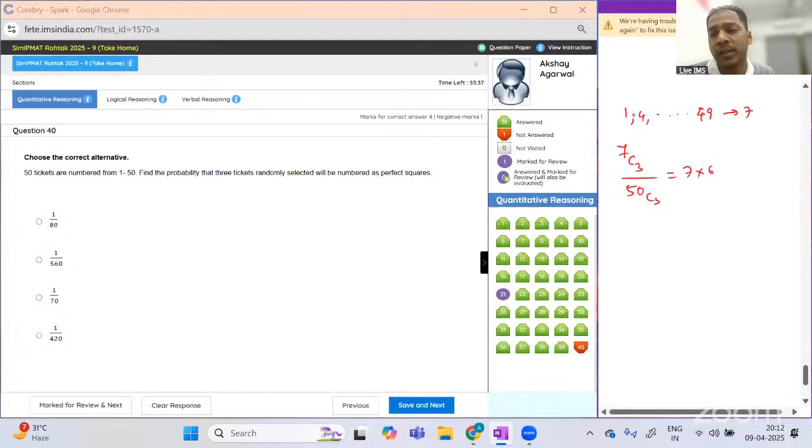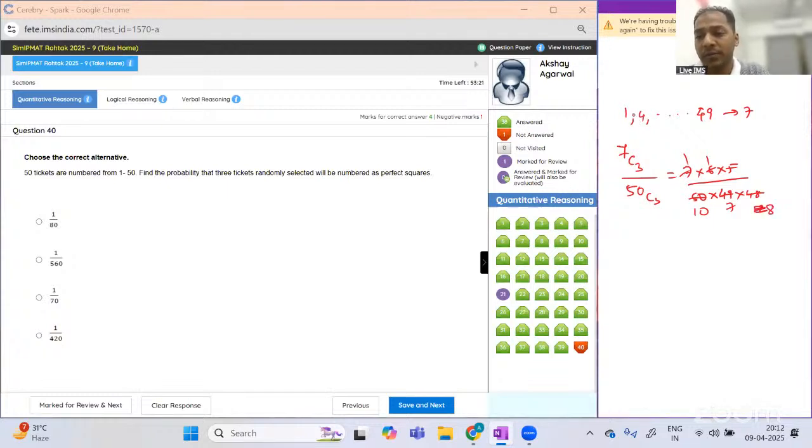That's 7 into 6 into 5, the 3 factorial from the denominator will get cancelled, over 50 into 49 into 48. 7 goes once, 7 goes 7 times, 5 goes once, 5 goes 10 times, 6 goes once, 6 goes 8 times. 56 into 10, 1 upon 560 is the probability. Answer is option B. Wonderful QA section.